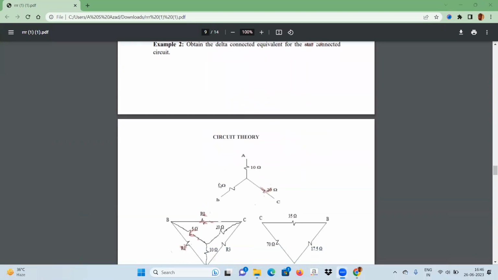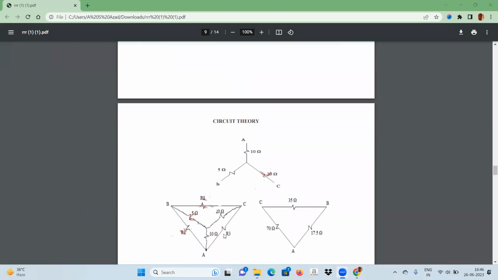Now, if you want to calculate star to delta, then again we will draw the equivalent delta here. If the delta resistances are R1, R2 and R3, then you can calculate the formula: 5 plus 10 plus 5 into 10 divided by 20 will be R1.